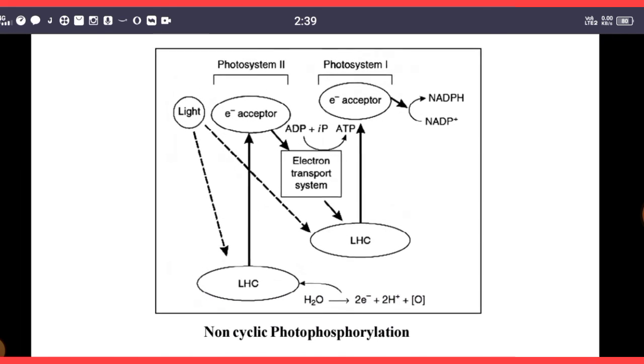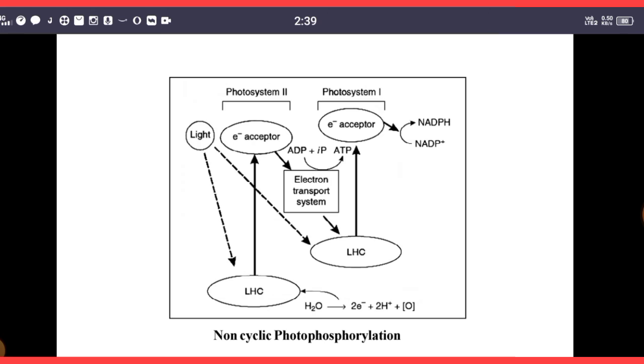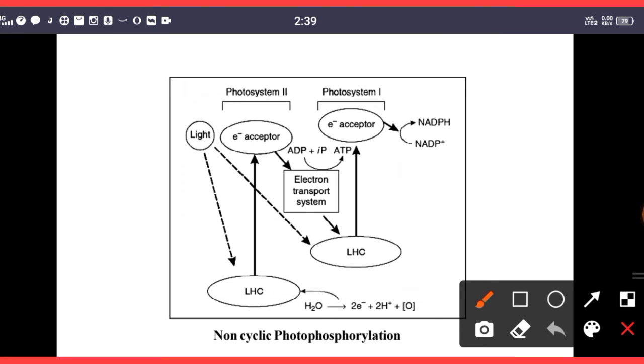This is the non-cyclic photophosphorylation. In non-cyclic photophosphorylation, photosystem 2, that is PS2, and PS1 both participate. Now LHC means light harvesting complex. Here, 680 nanometer chlorophyll is present.